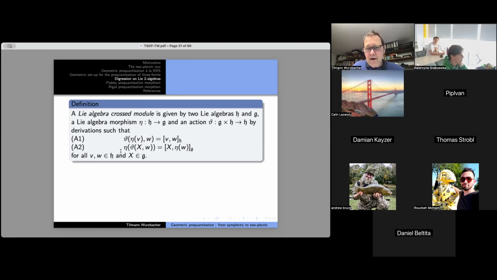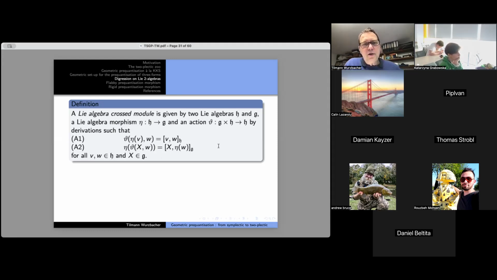And then the only thing to work out is the mixed way. So you have theta of X applied to W, a mixed term, you land in H, and with eta you can go back to G, and this you can formulate as a commutator in G. You take the X, which is already in G, and then you transport W with eta to G and take this commutator.